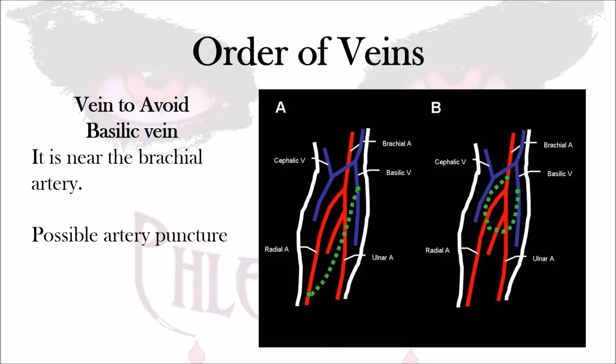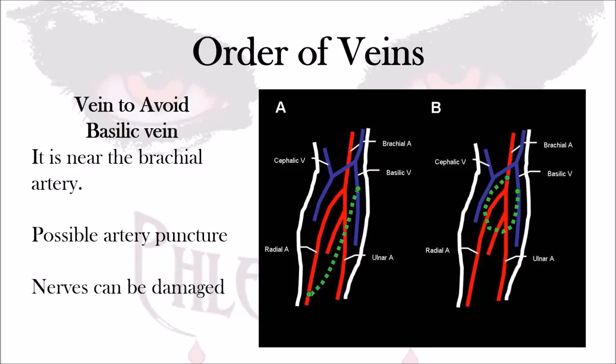So again, the basilic vein is a last resort, last attempt if all other veins are not accessible, namely the median cubital, cephalic, the back of the hand, or the wrist. Then the basilic vein can be looked for if nothing else is available. And again, we want to avoid doing any kind of harm or damage to the patient.